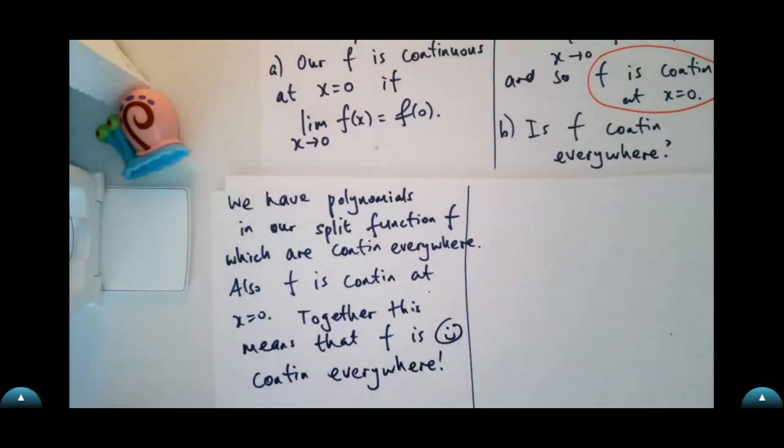Yay. We're happy about that. Okay, so when it comes to your writing assignment, you will be expected to write sentences like this or type them up.